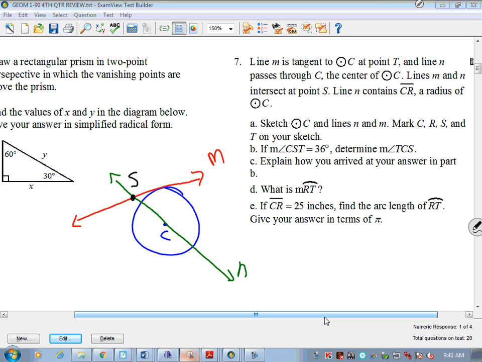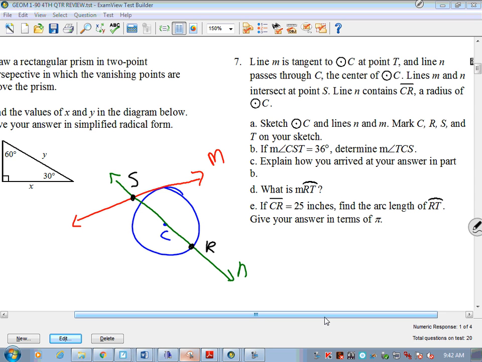All right, so we've got C, we've got S. Line N contains CR, a radius of circle C. Okay? So we can put R somewhere. Where would we put R? So I could put R there. Would that be a radius? Okay? So we've got that stuff.